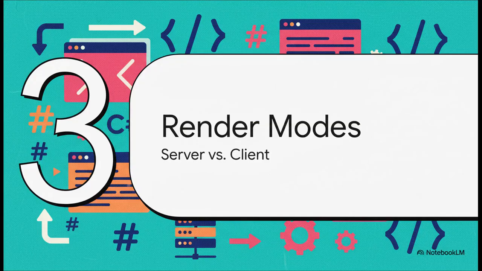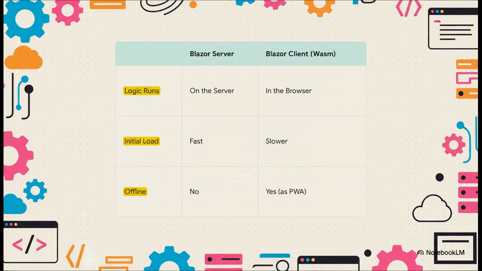Okay, so we know how it's possible. But one of the coolest things about Blazor is its flexibility. It's not a one-size-fits-all deal. It gives you a choice about where your C# code actually runs. These are called render modes. The two main ways to do it are Blazor Server and Blazor Client. With Blazor Server, all your code is actually running on the server.